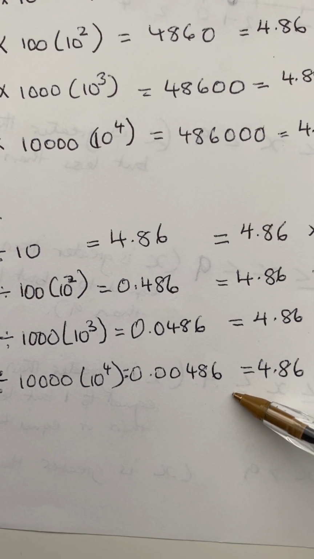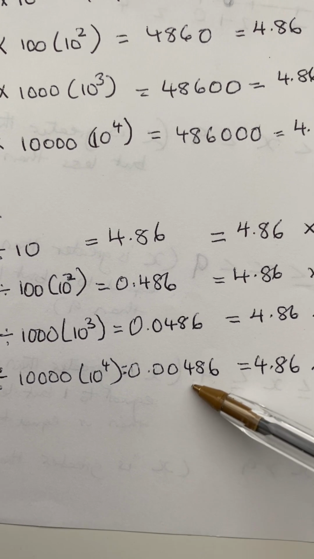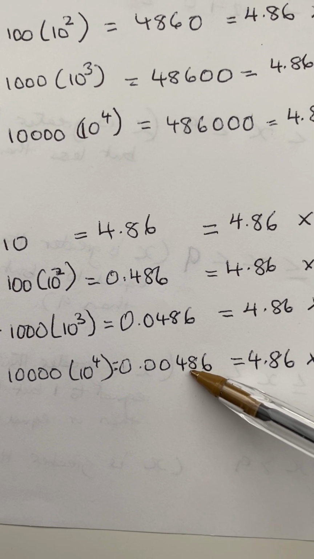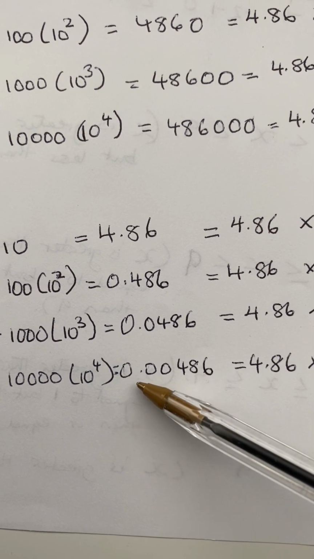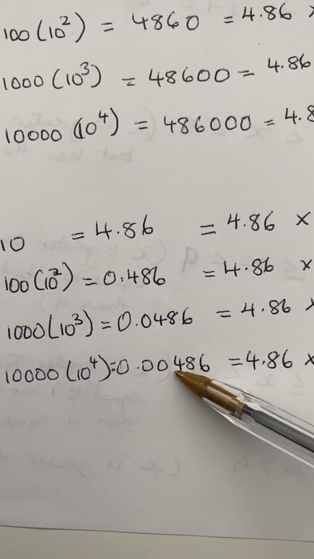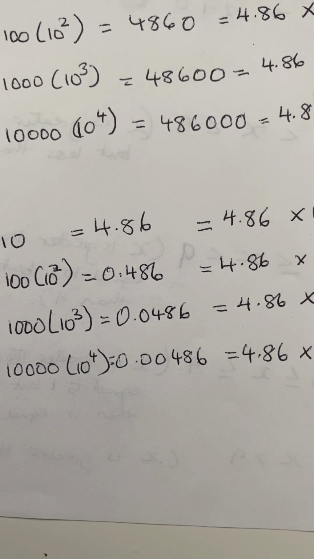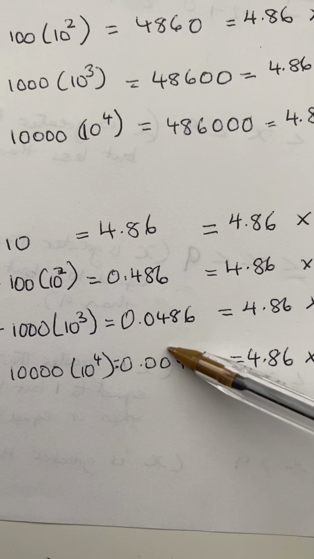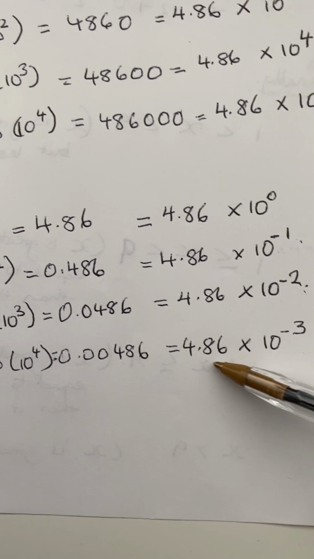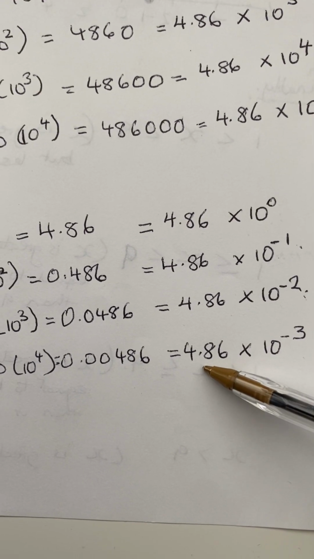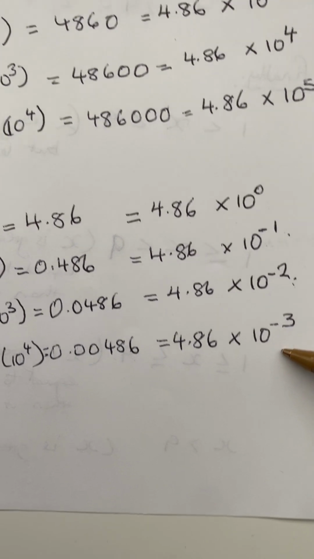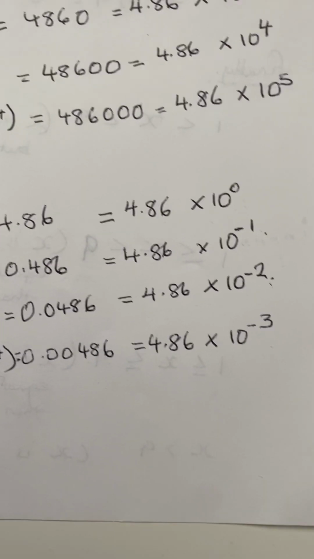Now to put it in the standard form, the decimal has to come between 4 and 8. So to move it back in that direction, it will be a minus sign. So we have 1, 2, 3. So the new answer will be 4.86 times 10 to the power minus 3.